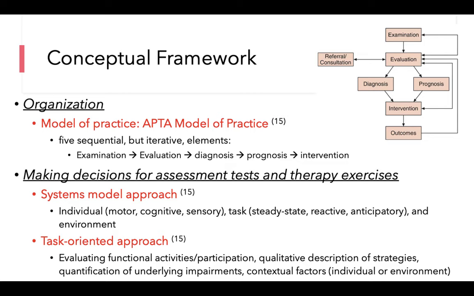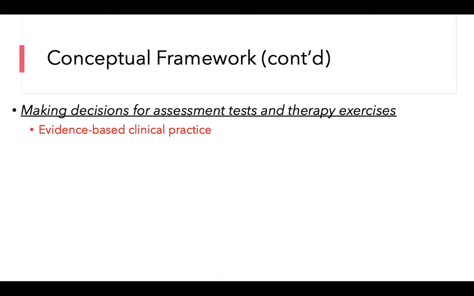And then the task-oriented approach is really useful because it considers a multitude of things, such as evaluating functional activities and participation, qualitative description of movement strategies, quantification of underlying impairments, and contextual factors. Oh yeah, and I forgot, I'm also going to use evidence-based clinical practice to help strive in my decision making for those therapy exercises.